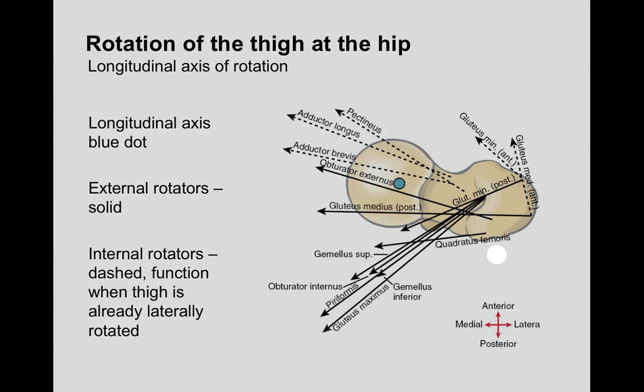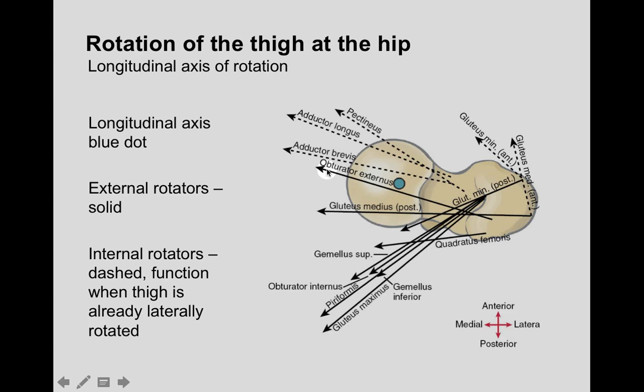In this superior view of the femur, this dot right here is the longitudinal axis. The external rotators are solid, and we just saw a lot of the primary external rotators: gemellus superior and inferior, piriformis, obturator internus, and quadratus femoris.